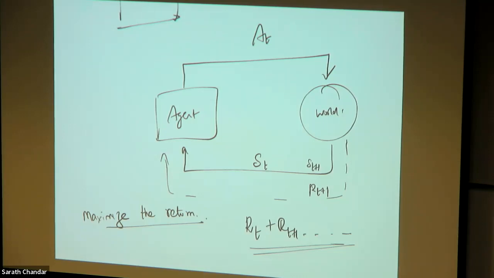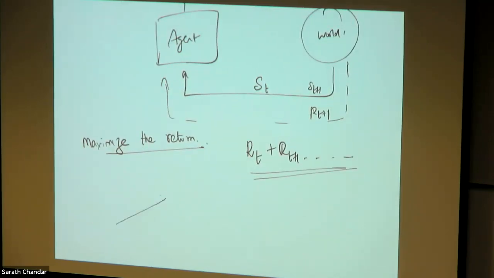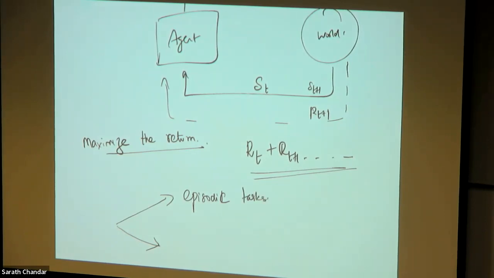In general, reinforcement learning problems can be classified into two categories. We have episodic tasks, which means there's a finite termination for the episode of interaction, and then you get a new episode of interaction, right? In that case, the return that I defined, which is the sum of the future rewards, is valid mathematically.